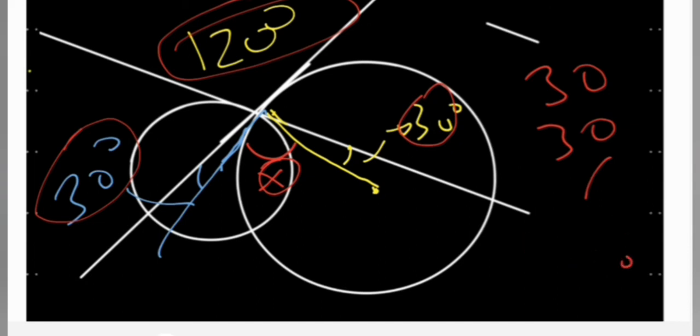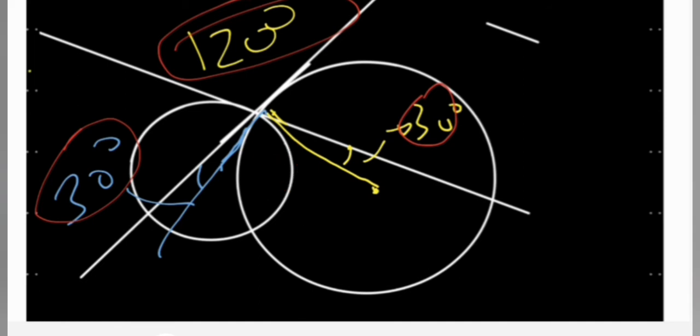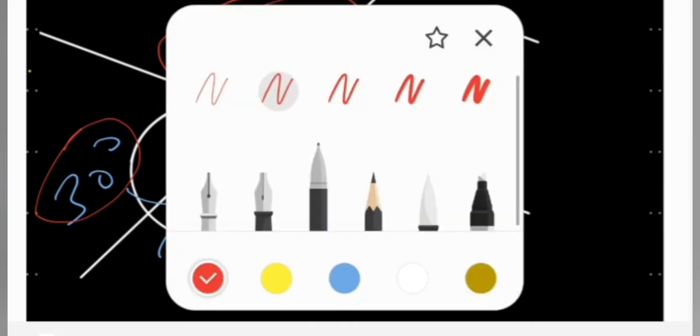So this x over here is 60 degrees. This is what I was trying to do all this time, to find this angle over here. Because now we know everything we need to solve this question.